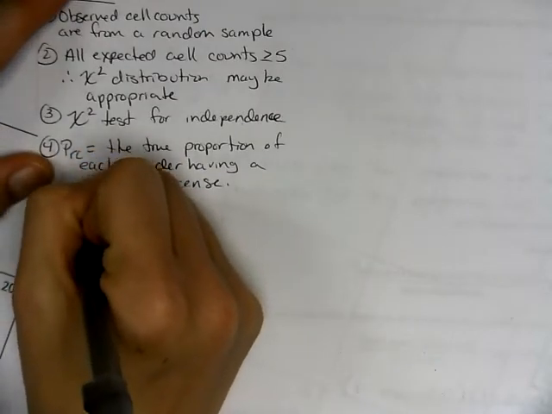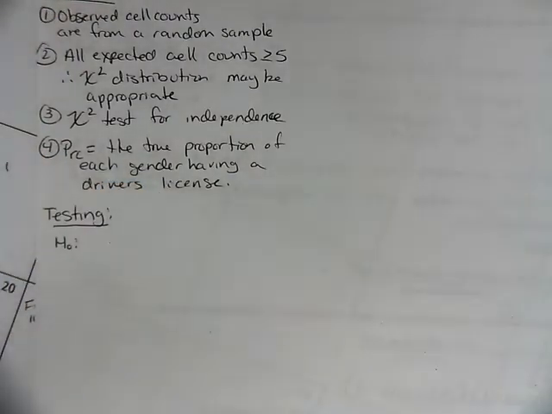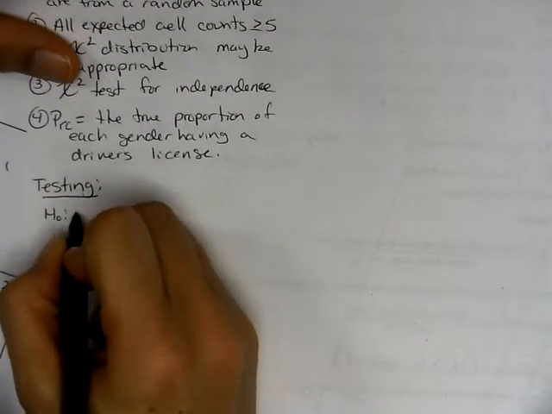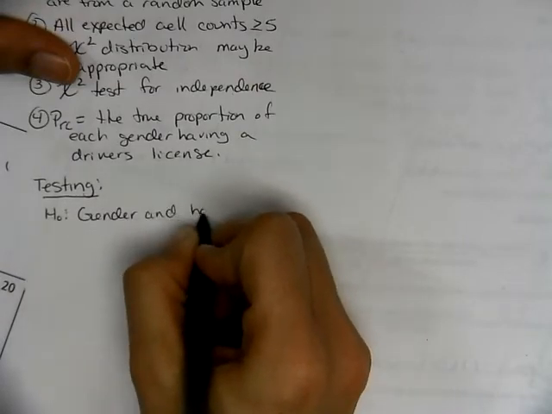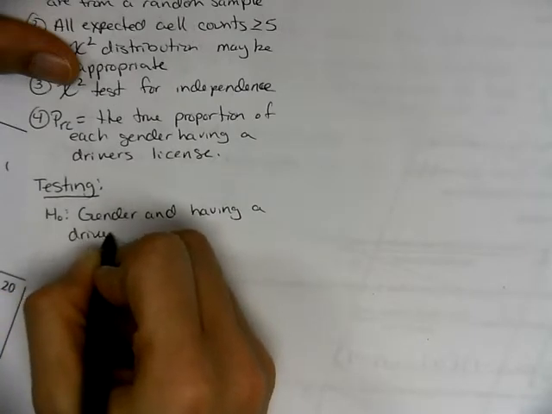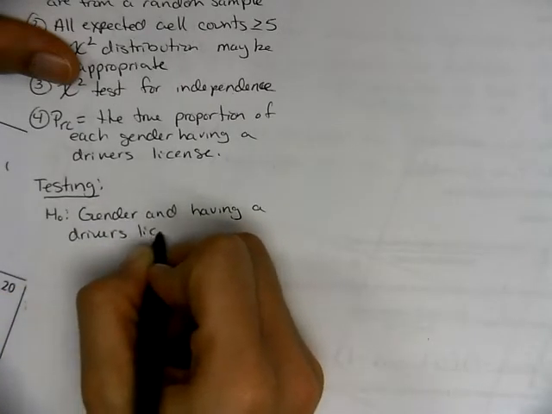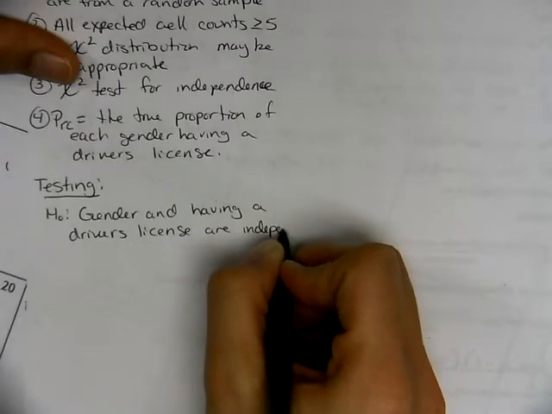So for our testing, the null hypothesis, again, your two variables are gender and having a license. So are they independent, not independent? Null: gender and having a driver's license are independent.